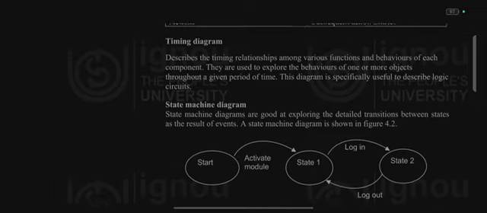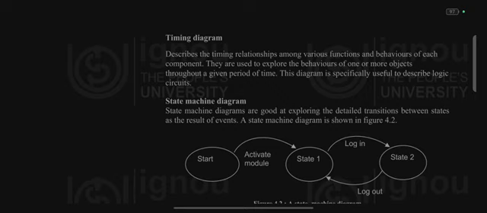Timing diagram describes the timing relationships among various functions and behaviors of each component. They are used to explore the behaviors of one or more objects throughout a given period of time. The diagram is specifically useful to describe logic circuits. State machine diagram.